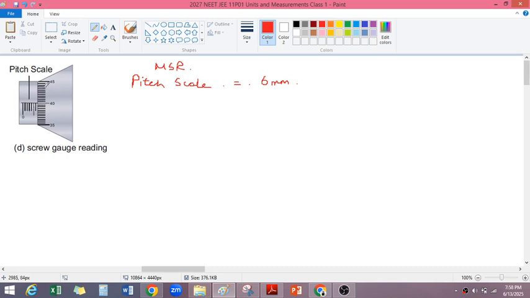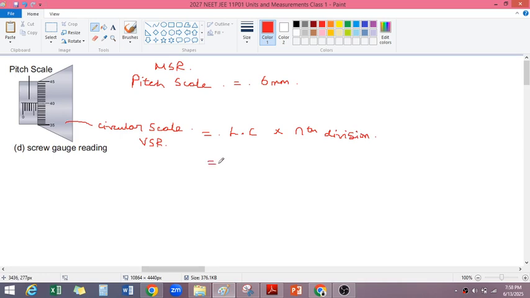Then this, as I told you, is your circular scale. Circular scale is very similar to your Vernier scale, VSR. So I have to do the same concept: least count multiplied by the nth division. Here, instead of coincidence, it will be wherever this line is crossing that value.